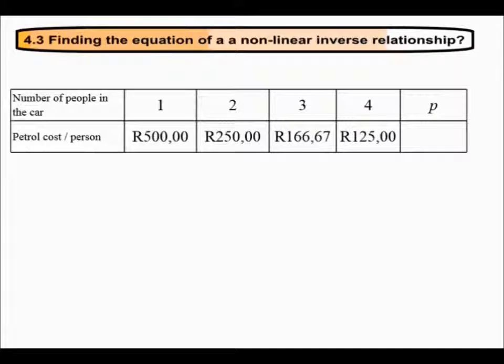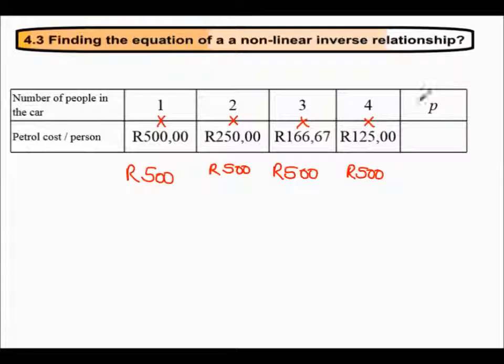We're now going to look at setting up an equation for a nonlinear inverse relationship. Well, remember there's a constant product, so what we will do each time: 1 multiplied by 500 will give us 500 Rand. 2 multiplied by 250 will give us 500 Rand. 3 multiplied by 166.67 will give us 500 Rand. 4 multiplied by 125 will also give 500 Rand.